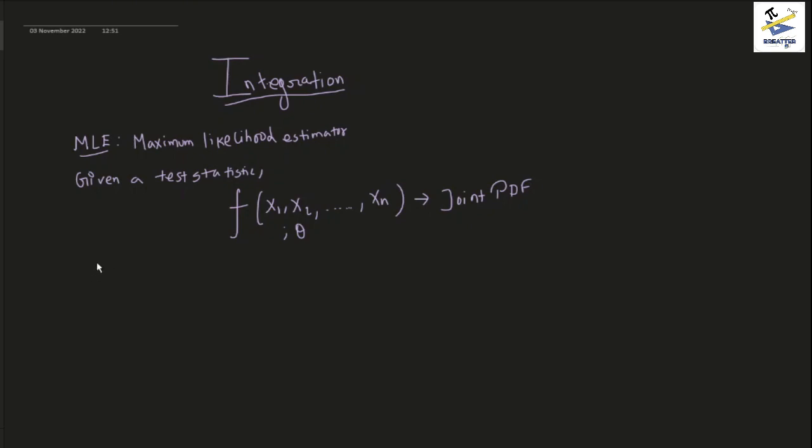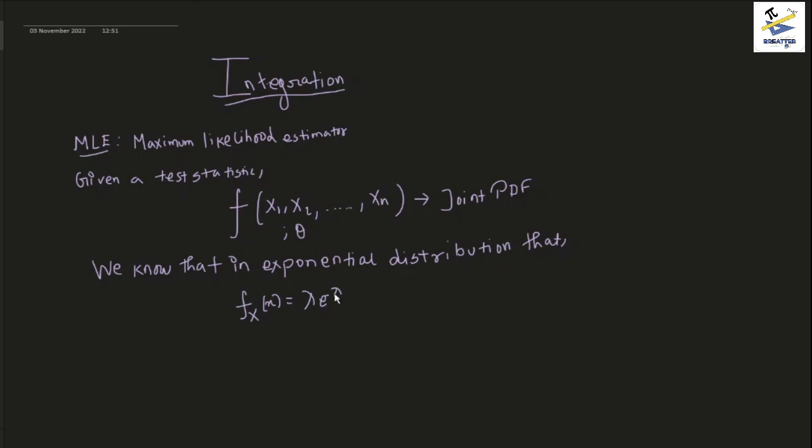In exponential distribution, we do know that f of x is simply equal to lambda times e to the power minus lambda x.